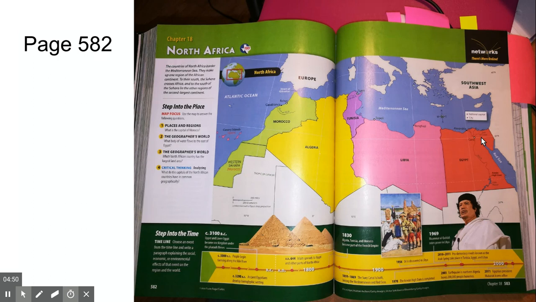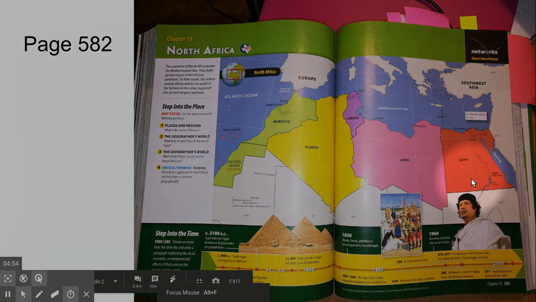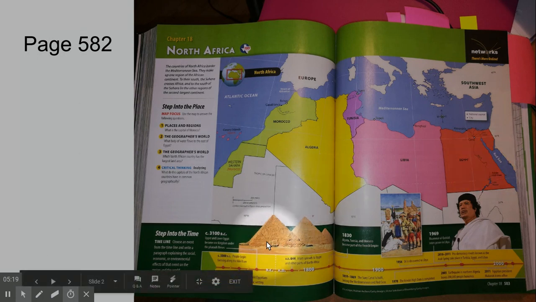Let me talk just about Egypt, just about this area right here, specifically the river that runs through Egypt. People are always surprised every year when I say Egypt is in Africa, because what we think of when we think of Egypt would be like the pyramids down here.